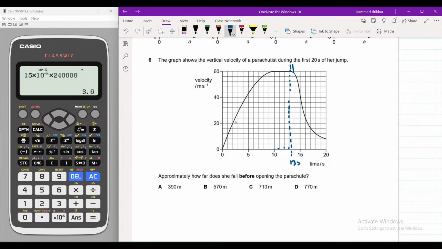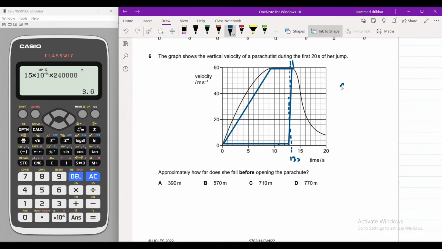Since we just need an approximation, we can take the area as a trapezium. So the approximation would be half times 13 plus 4, times 60.